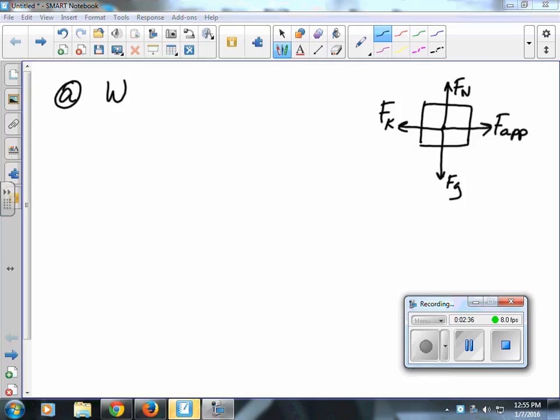So the work done by the worker, I'm going to put a subscript W, because if we change applied to W for worker, maybe that'll help. So that is the force applied by the worker times the distance times the cosine of the angle between the force and the distance.